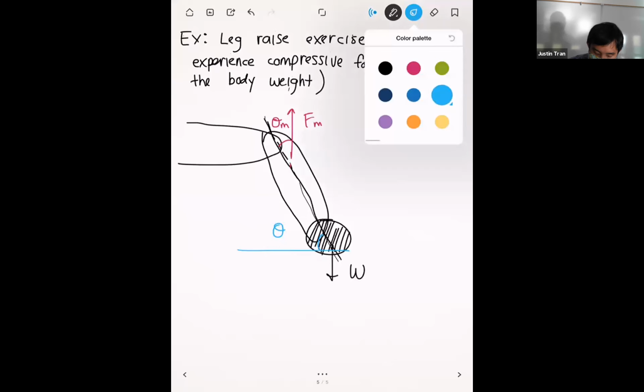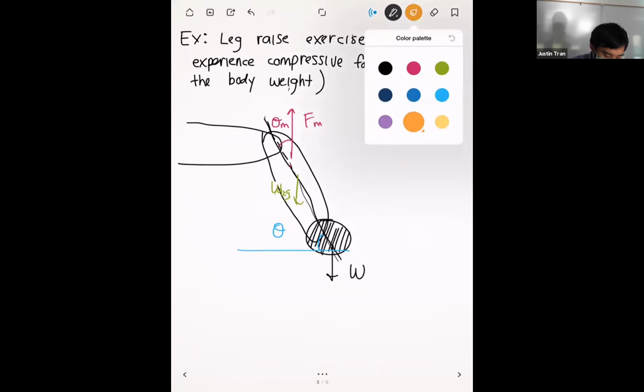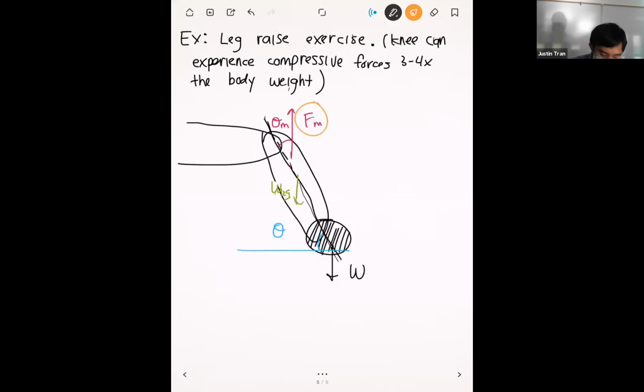All right. And so in addition to the leg brace, we also have the weight of the lower leg itself. Okay, so let's say that we have a vertical force here. Okay, so we'll call this weight leg. And it's acting vertically downwards, just like that. Okay. All right. And so just like normally for these problems, we're interested in solving for the muscle force, as well as the reaction forces at the joints.